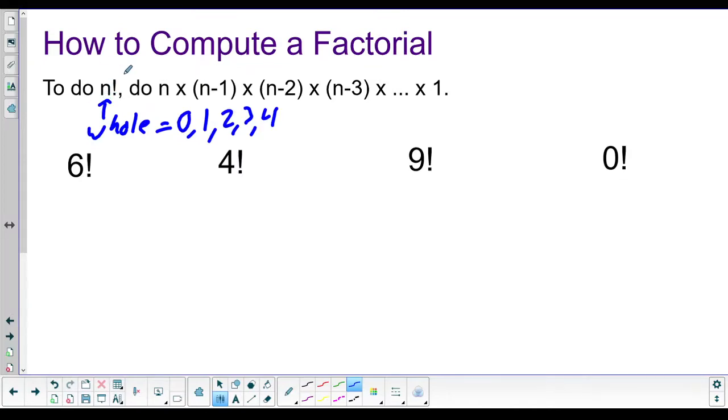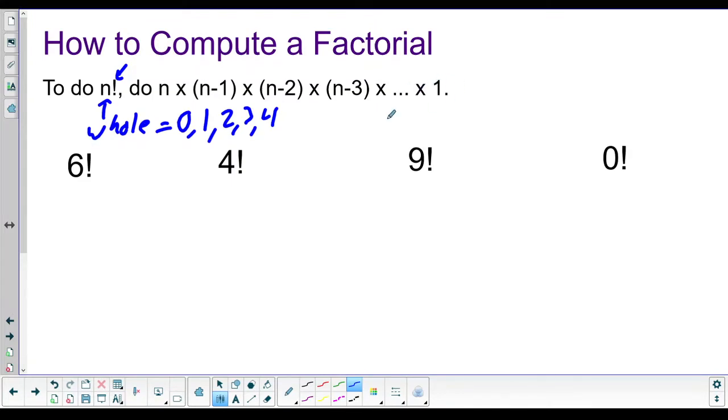To do n factorial, the exclamation point is the factorial, do n times n minus 1 times n minus 2 times n minus 3 times so on and so forth until you get to times 1.